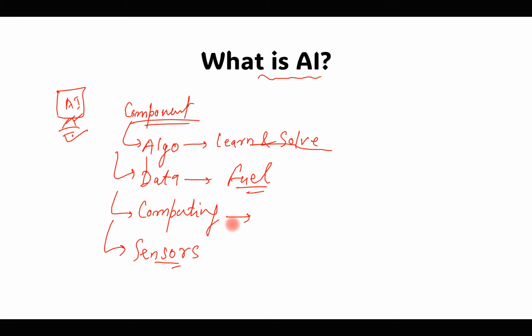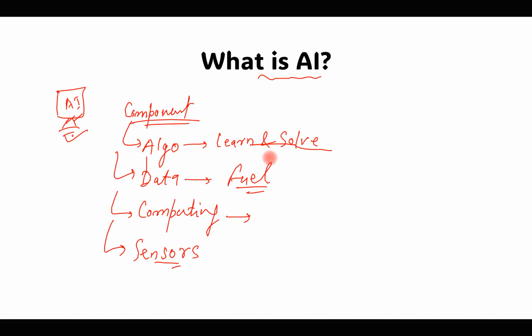Computing power means the need for powerful systems to process all the data that we inject and run these algorithms. And sensors are like the eyes and ears of any AI tool that help it understand the world around it. So these are the four key components we have.